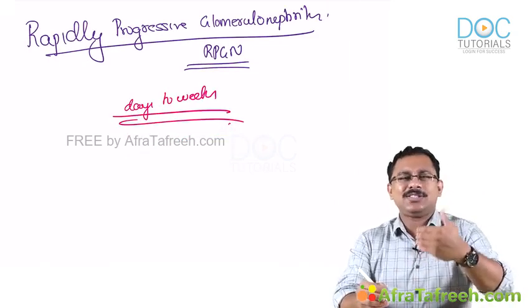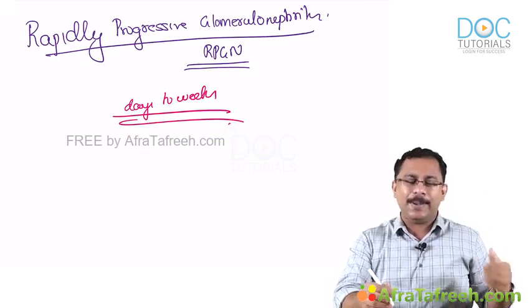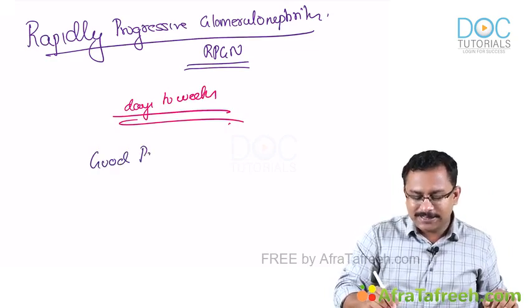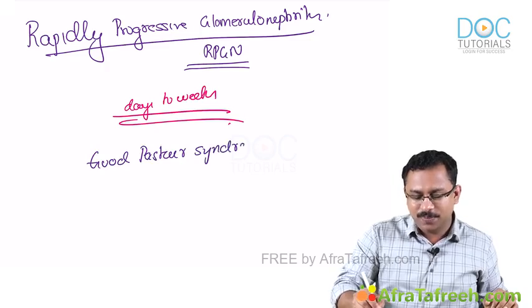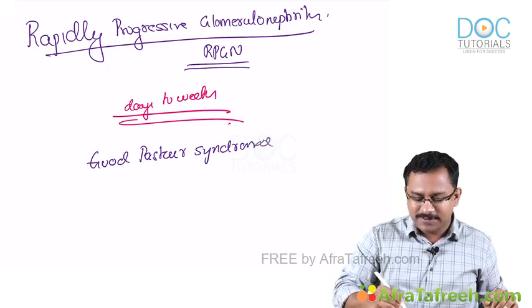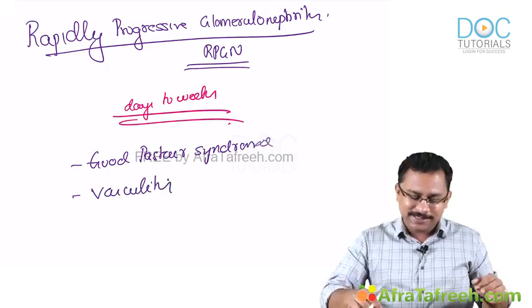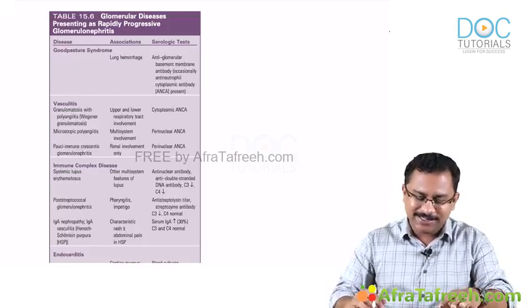And there are lots of disorders that can present with a rapidly progressive glomerulonephritis, like Goodpasture syndrome, and also the various vasculitis. We will see the individual disorders later.